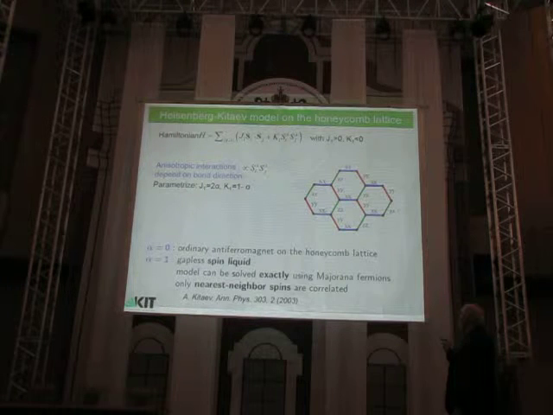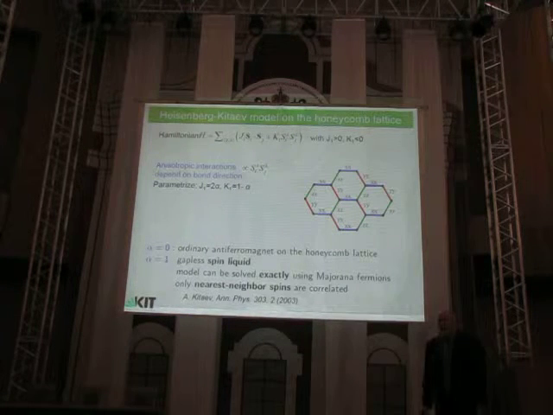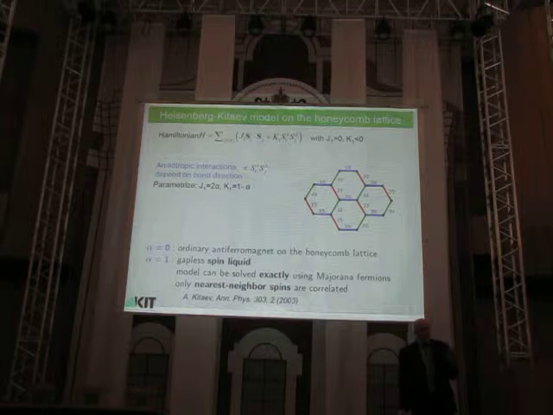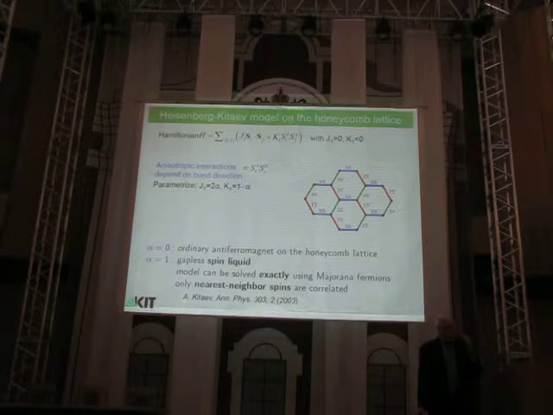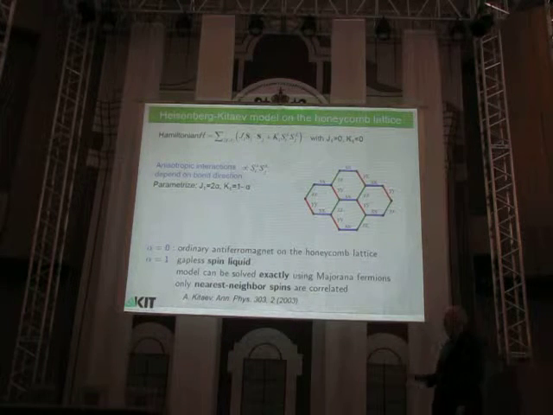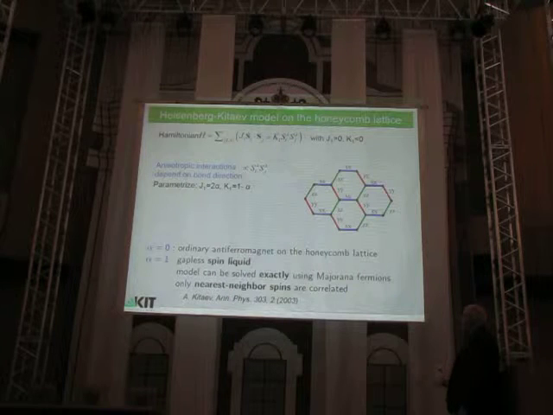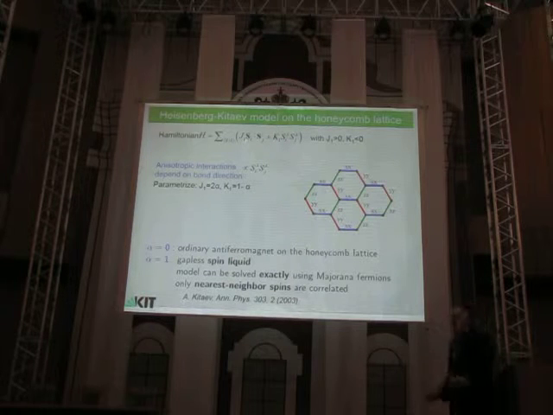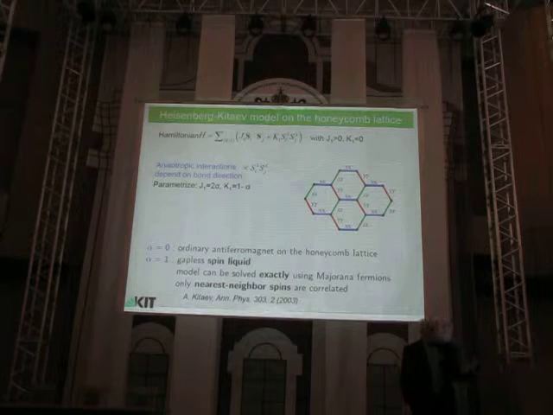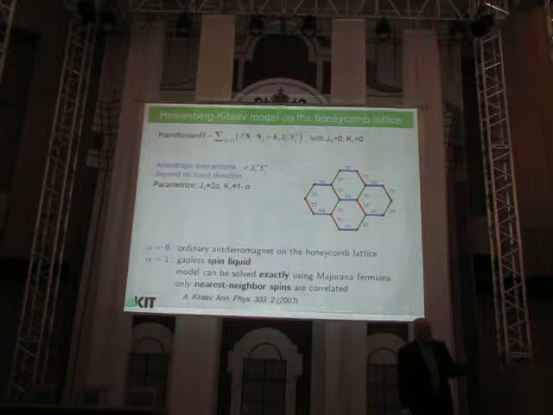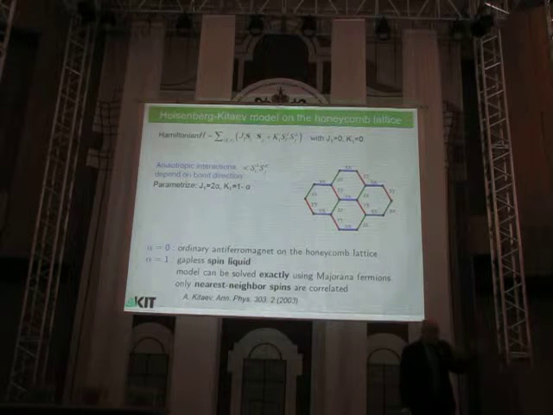And along the X bond is only S^x. So it's a highly anisotropic bond, Kitaev bond. And there we know that we have a spin-liquid state. Whereas for alpha equal to 0, which means that this term is 0, we have the usual Heisenberg on the honeycomb lattice, which has some order. Okay.